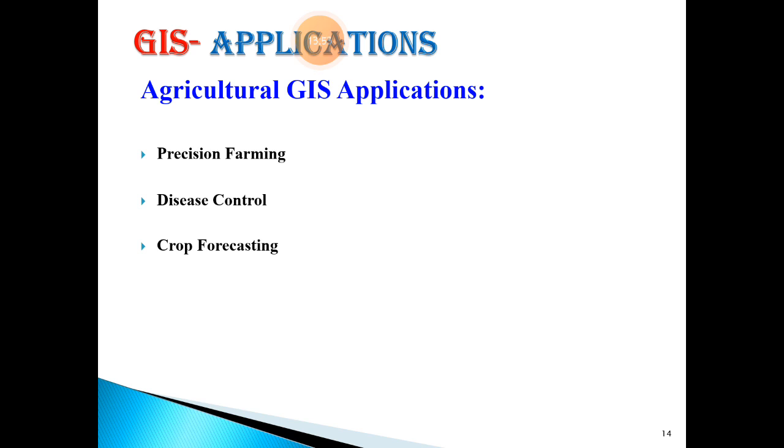Precision farming is a technology wherein we make use of less fertilizers and get more crop yield.